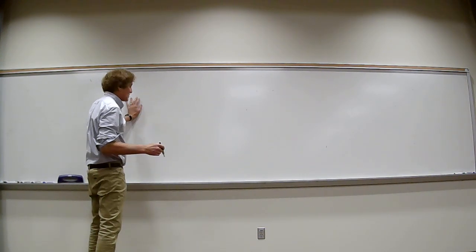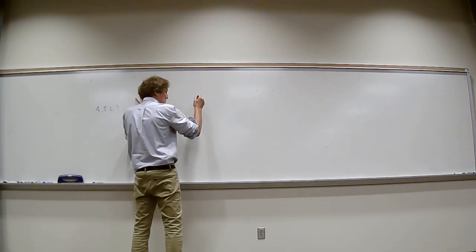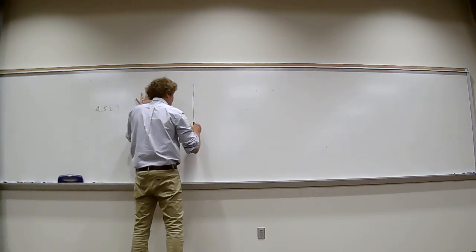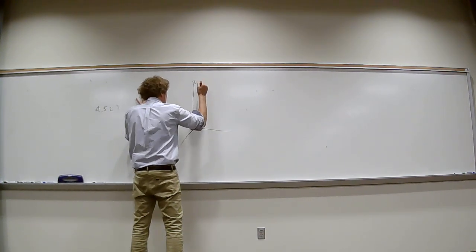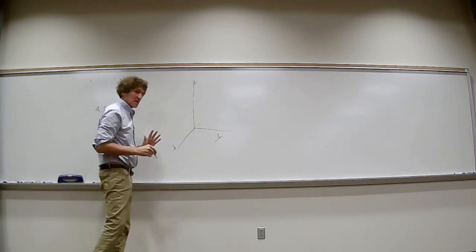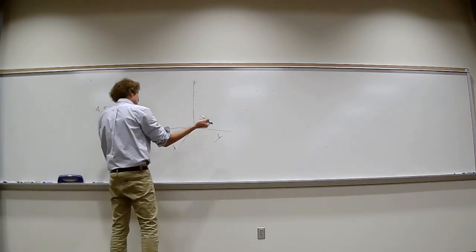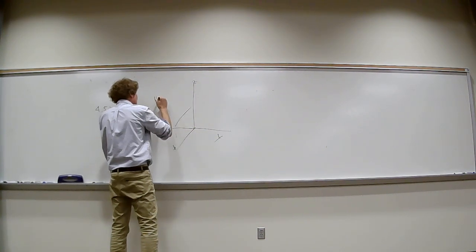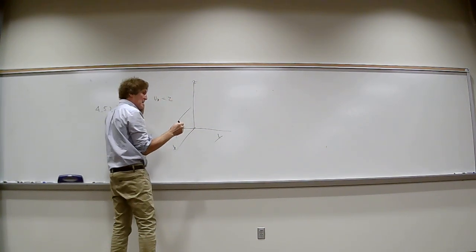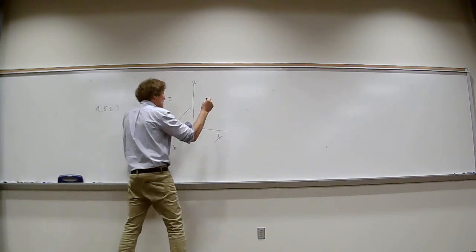So for 4.50 or 4.52, can you tell me the specifics? Yeah, so it says the XZ plane separates magnetic material with mu R1 equals 2 for y less than 0 from magnetic material with mu R2 equals 4 for y greater than 0. All right, we'll call this X, Z, and that Y. So down here on this side of the XZ plane, we've got mu relative equals 2, and mu R2 equals 4 for y greater than 0.